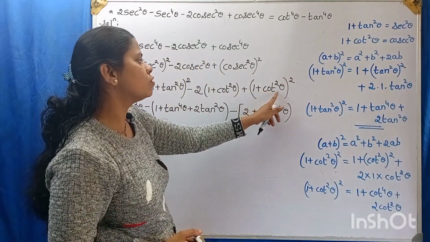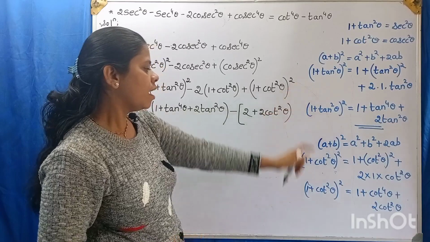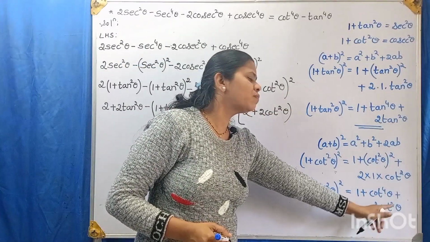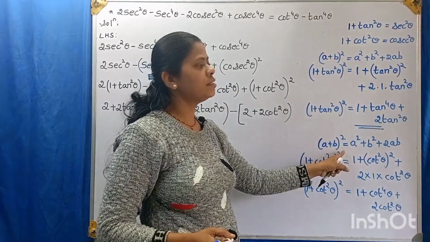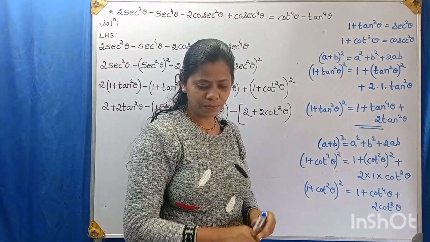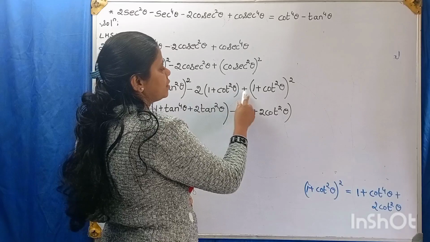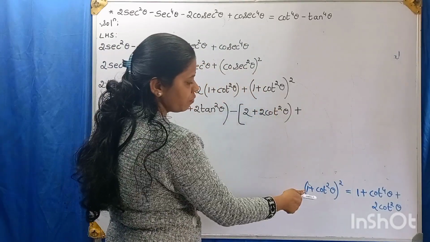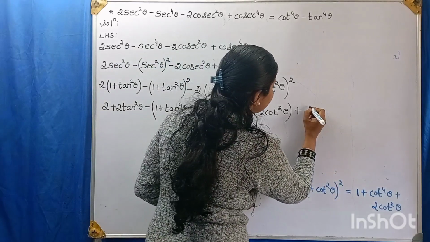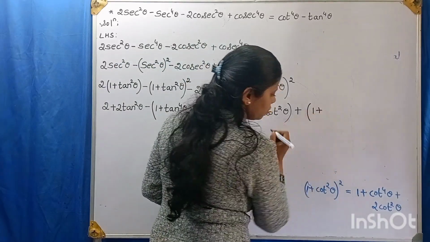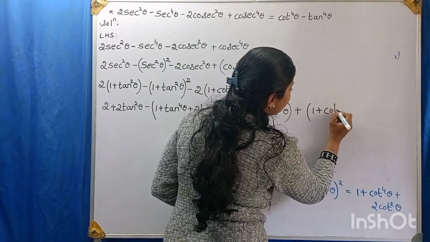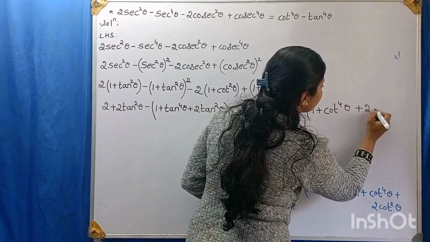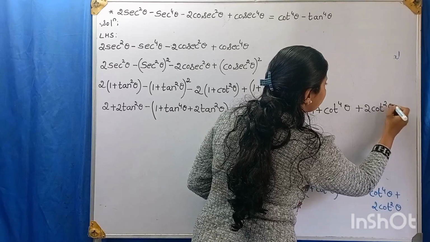Therefore, this (1 plus cot²θ) the whole square, I can write it as 1 plus cot⁴θ plus 2 cot²θ. I am going to rub this. If you want, you can copy down. Plus (1 plus cot²θ) the whole square, I can write it as 1 plus cot⁴θ plus 2 cot²θ.